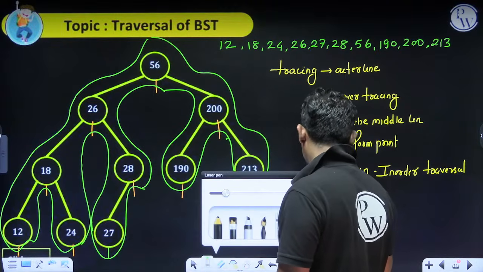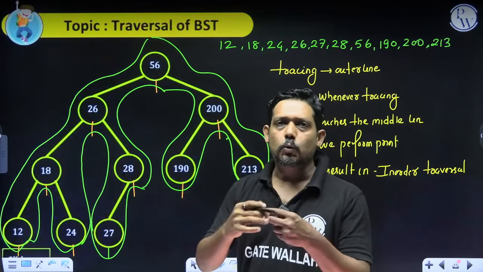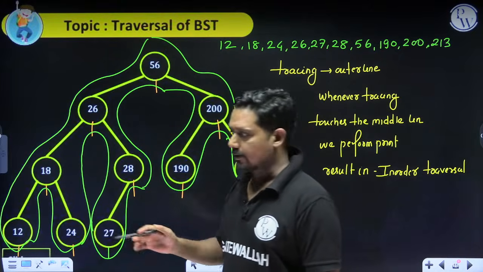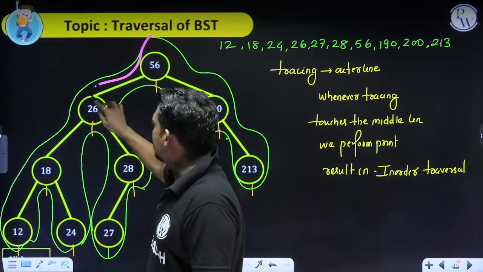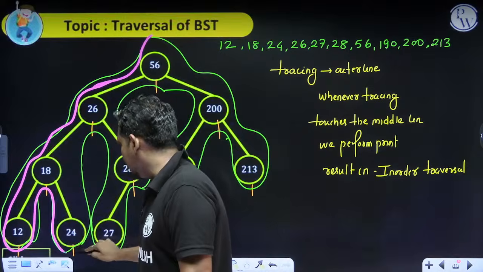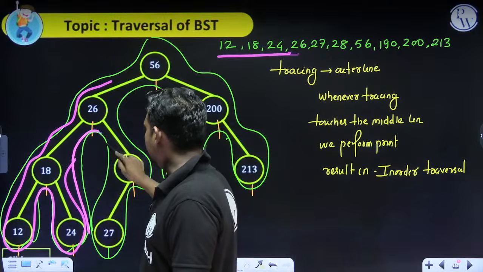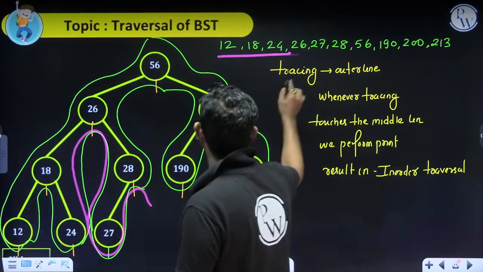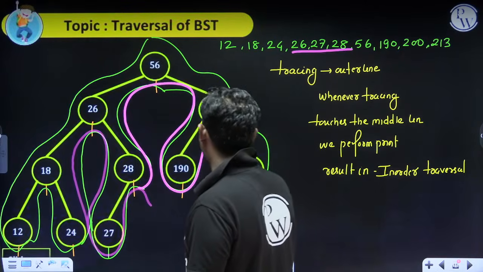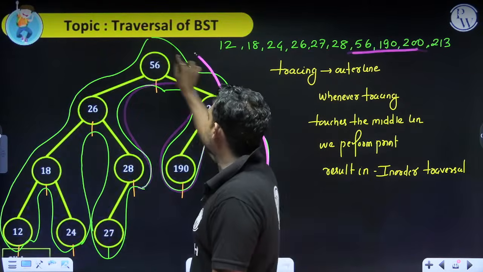For your better understanding, let me say one more time that whenever tracing touches this middle line, you perform the print operation, it will result in inorder traversal. Look here: 12, 18, 24, 26, 27, 28, 56, 190, 200, and this is done.